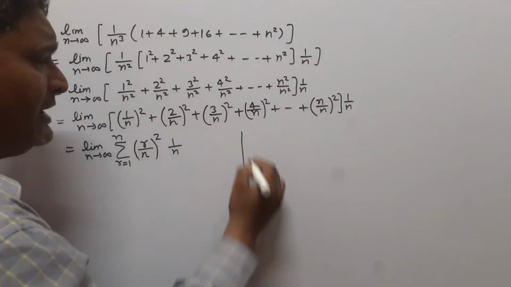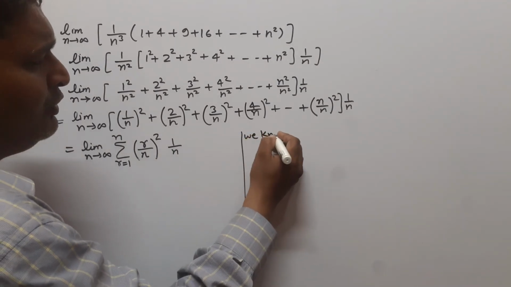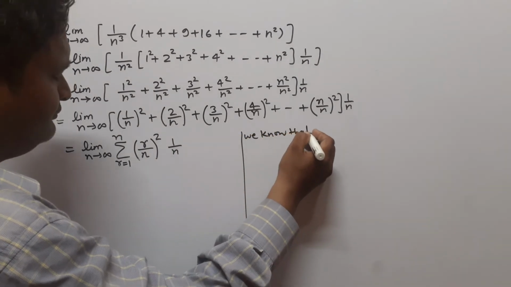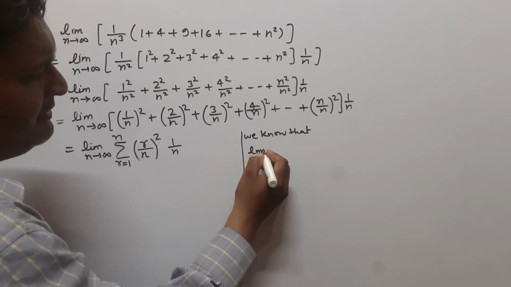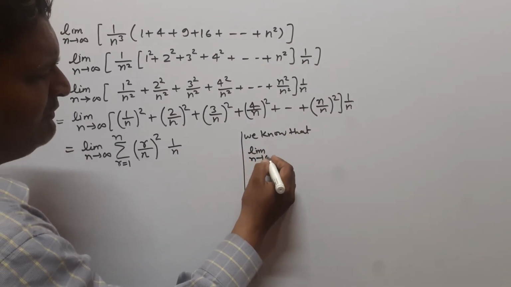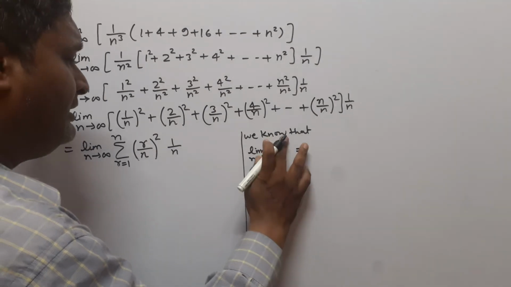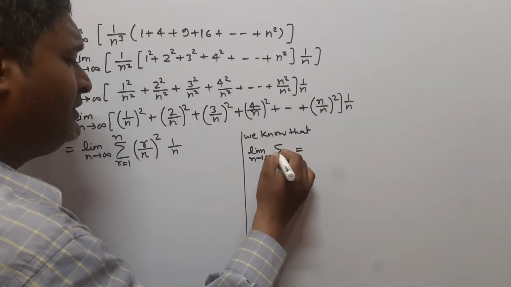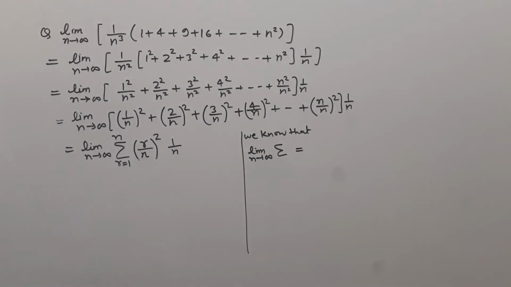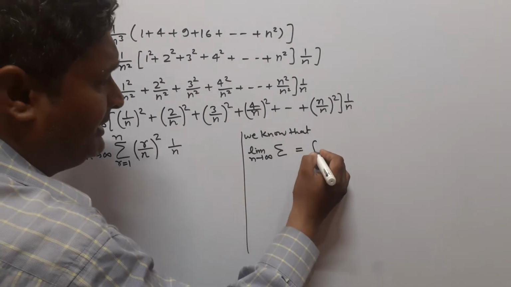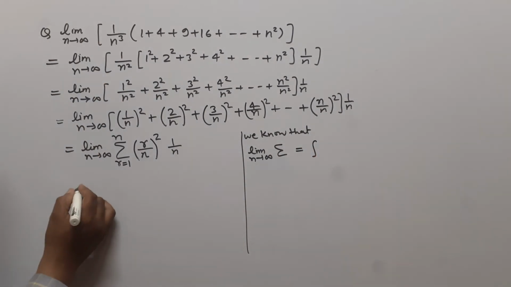Now we know that the limit n tends to infinity of sigma can be written as an integral.